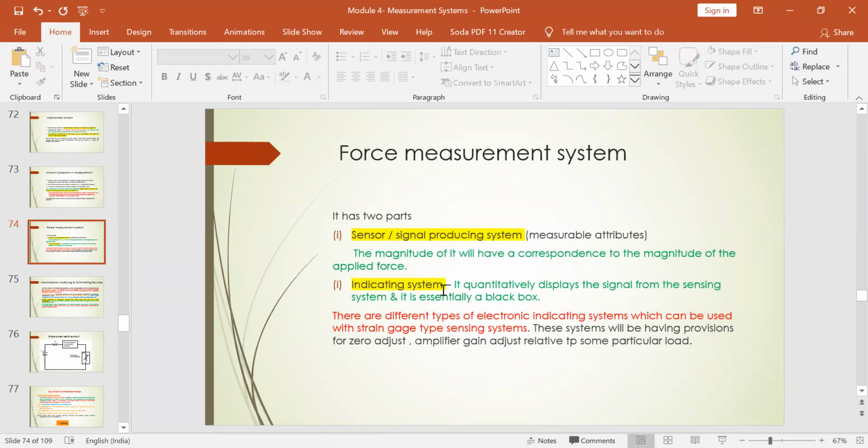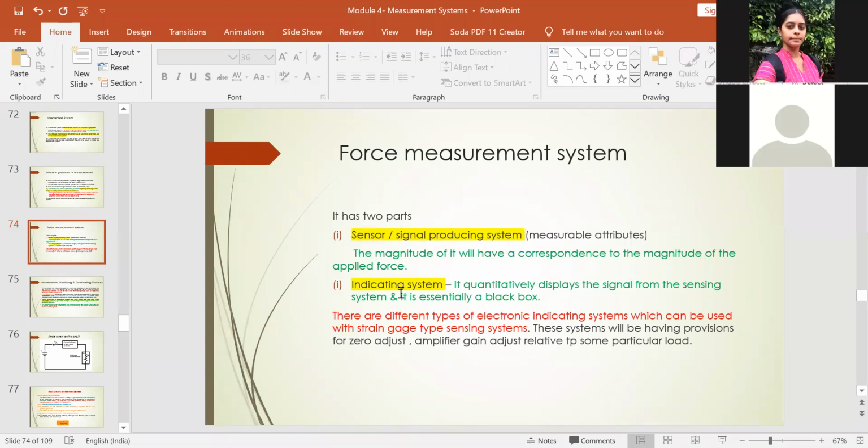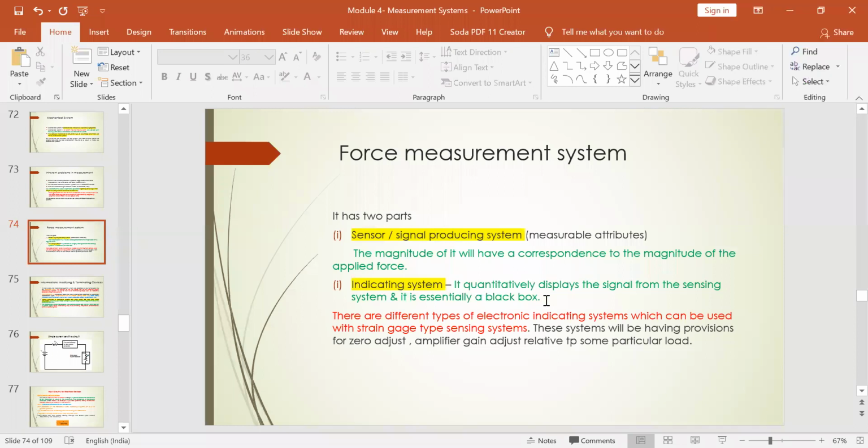The second one is the indicating system. So what happens in the indicating system? It quantitatively displays the signal from the sensing system, right? It displays the signal from the sensing system and it is essentially a black box. So what do you mean by it? You have a detector, which is nothing but a sensor, which will sense the applied force.